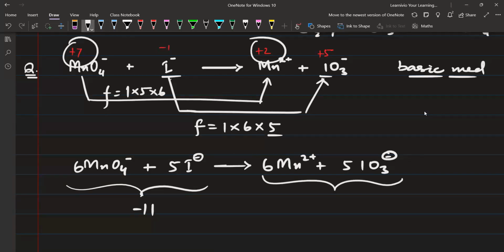Here 6 into 2 is 12, plus 12 and 5 here, -5, which will be equal to how much? +7, right? So here we have -11 and +7.